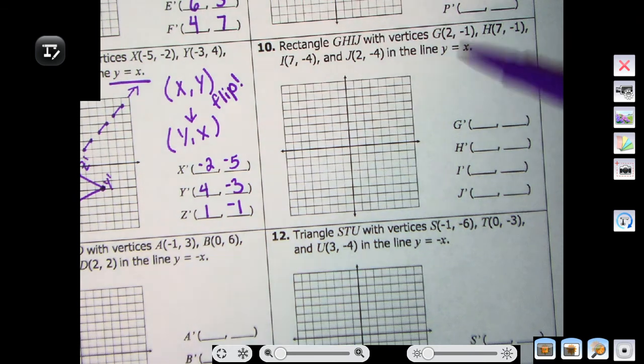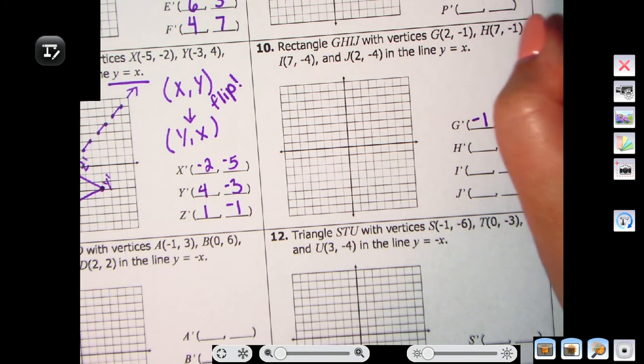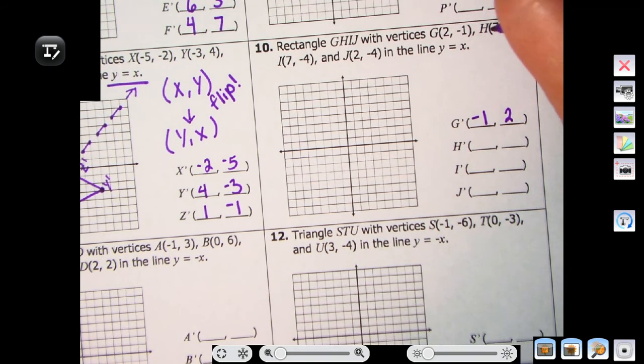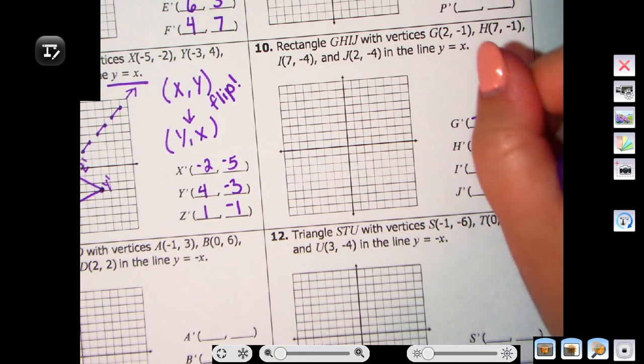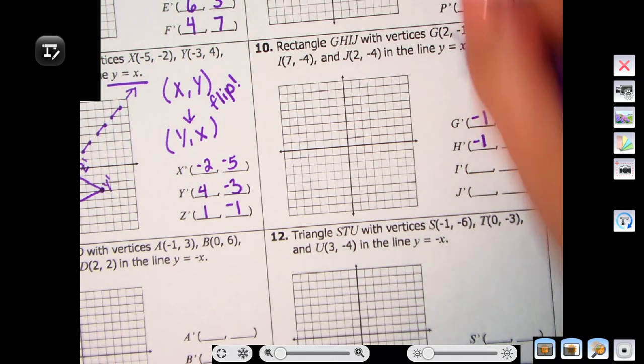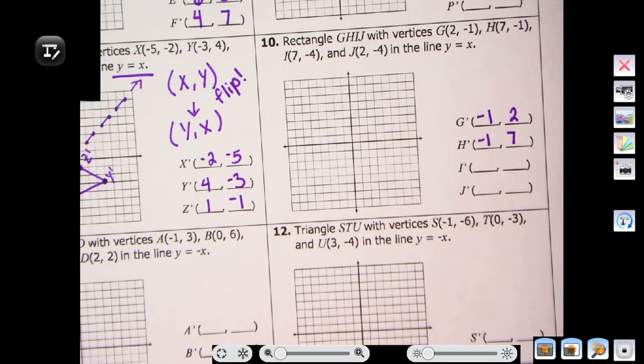So for example, if you know G is 2, -1, then you actually then know that G prime is -1, 2. And if you know that H is 7, -1, then H prime is -1, 7. So you're actually just flipping the points, and that makes it a little bit easier.